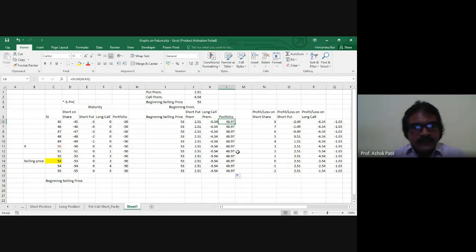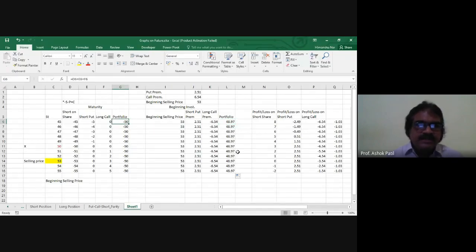And my profit and loss is nothing but the difference between portfolio in the beginning and portfolio in the end, which is 1.03, minus 1.03. So if you look at it, my investment in the portfolio was 48.97, and I paid in the end, G column, 50 rupees. You can think of it like this.